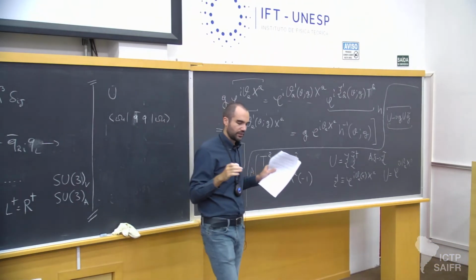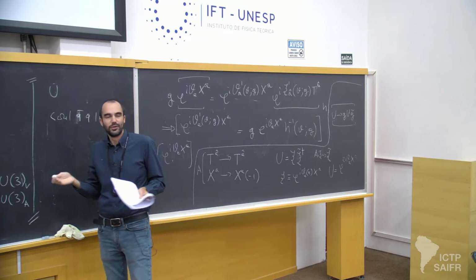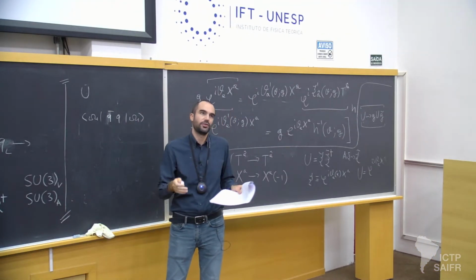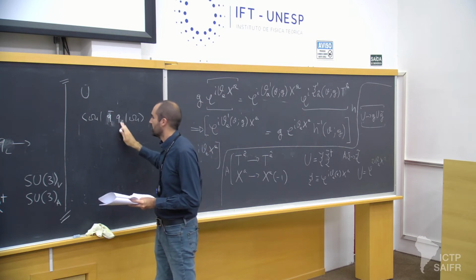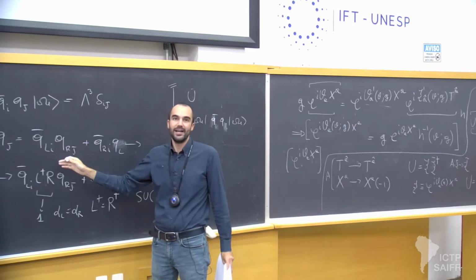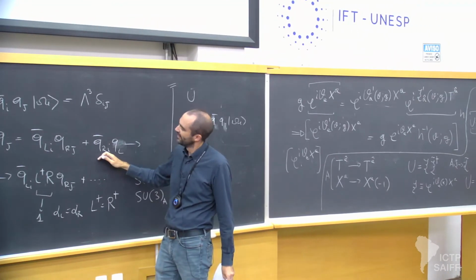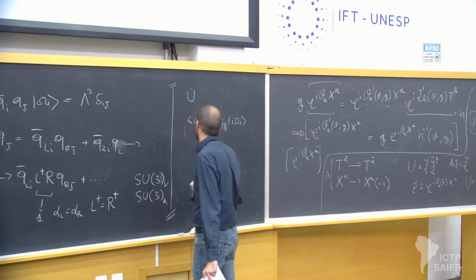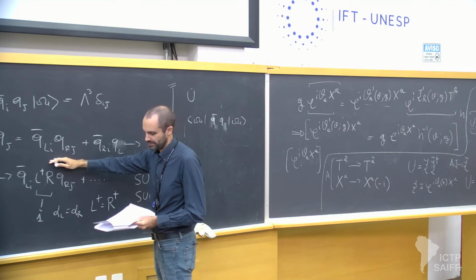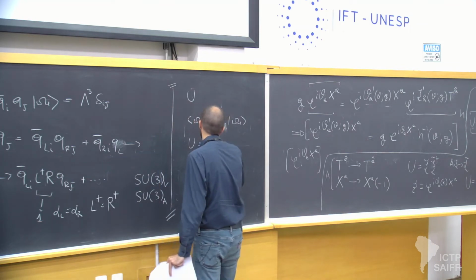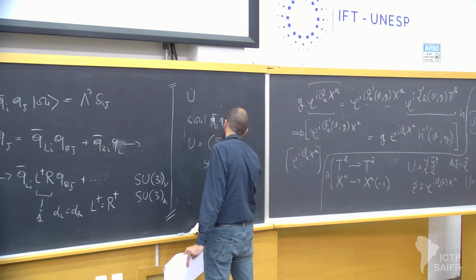So if a transformation is leaving the vacuum invariant, U must also remain invariant. If you're moving along this flat direction, then U must also move. And so we can decide whether we want to call U this guy or this guy. It's just a definition. If we call U this, this will be U dagger, and vice versa. So let's say that we choose the conventions in which U transforms like this object. So U now is a 3-bar 3 of SU3 left, SU3 right.